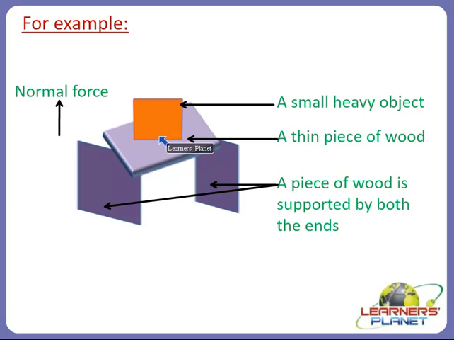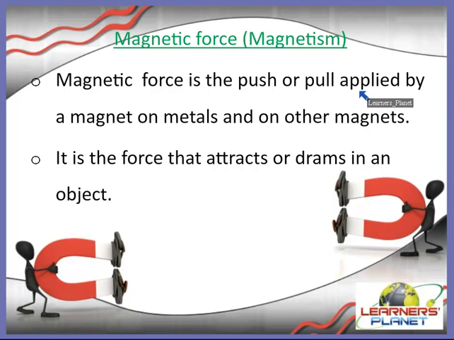The harder we push, the more the wood bends and the harder it pushes back. So this upward force is known as normal force. So that was about gravitational force and normal force.